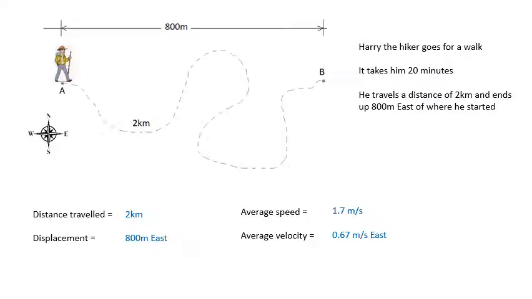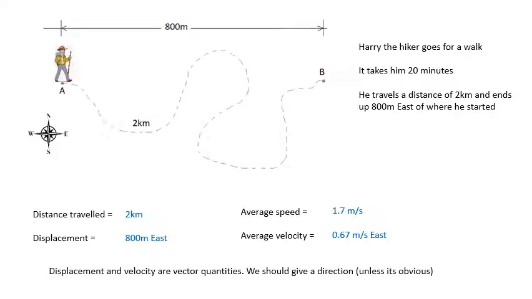And again, speed is a scalar, doesn't matter what direction you're traveling in, whereas velocity, to get its average velocity, you draw a line between the start and the finish. You look at the distance traveled or the length of that line, and then divide that by the time. And that tells you the average velocity.